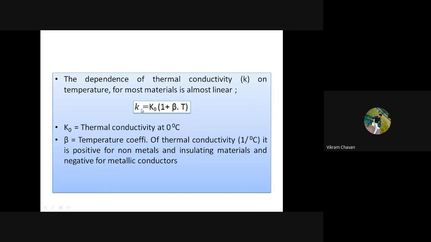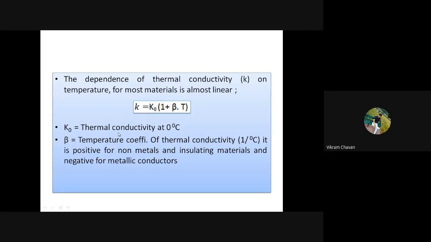If you want to find the thermal conductivity at 25 degrees Celsius of any specific material, we can find it on the basis of K naught and beta. This capital T is nothing but 25 degrees Celsius.